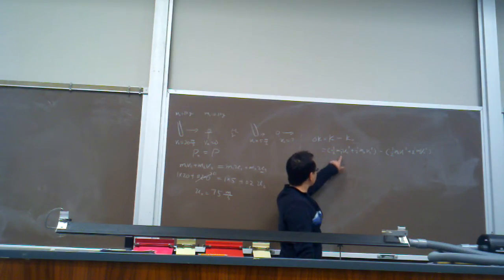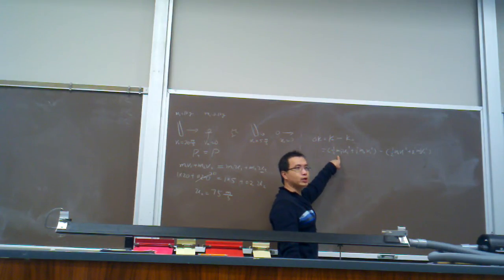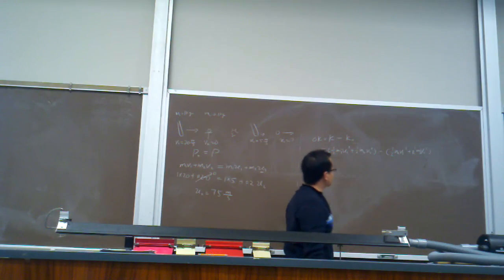As a little practice, can you tell me the meaning of this term? In words, what's the meaning of 1/2 m1 u1 squared? Potential or kinetic energy? Kinetic energy of what? Before or after the collision? After the collision. Okay, so that's the final kinetic energy of the bat.